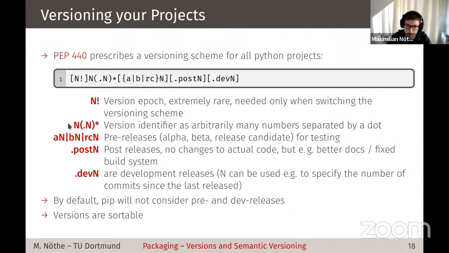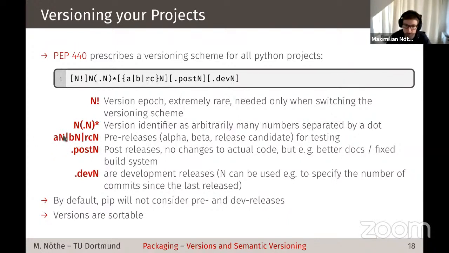Then you can, for different reasons, also add some further specifications. For example, if you are planning the next stable release of your software, you can publish test releases for your users to experiment with and to report any issues they encounter before you actually publish the stable release on PyPI. This is what the alpha, beta, or release candidate versions are for.